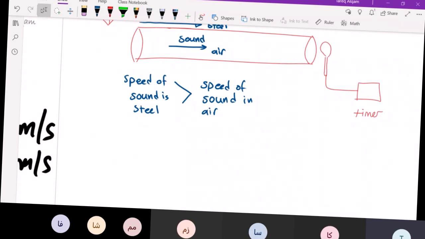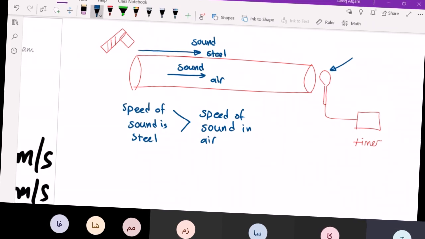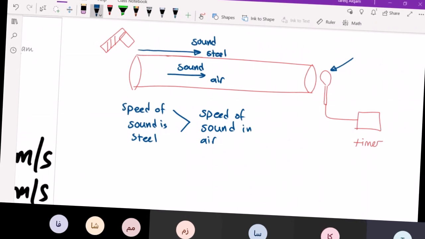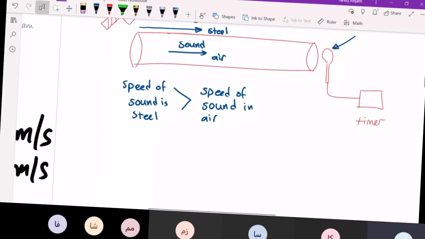This is why the microphone detects a delay in the sound, because we have two sounds travelling, one through the steel and the other through the air. The difference between the speeds of the sound in these two media will cause a delay.